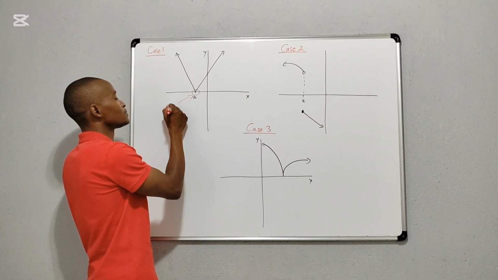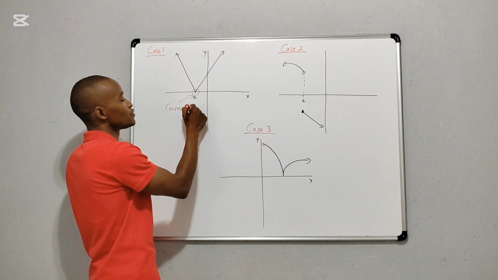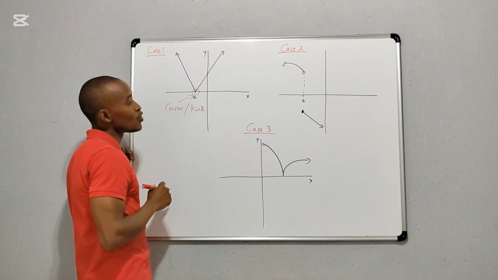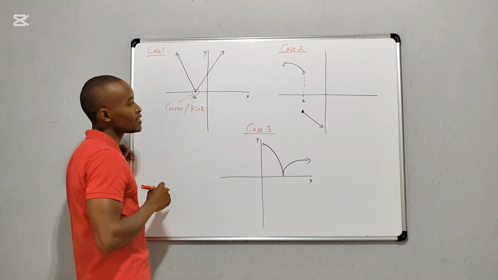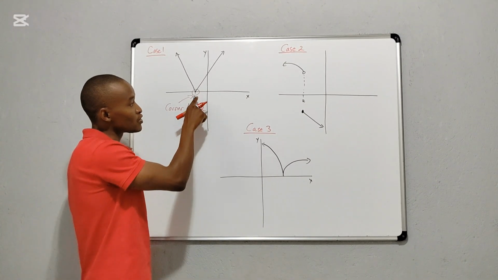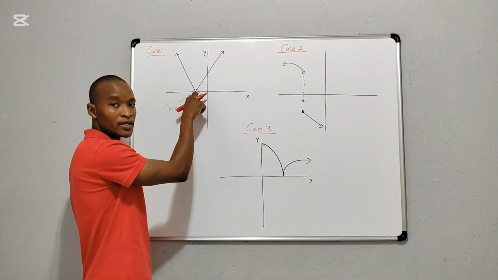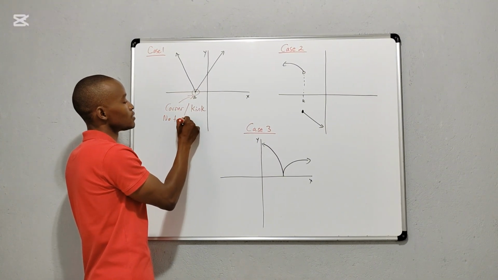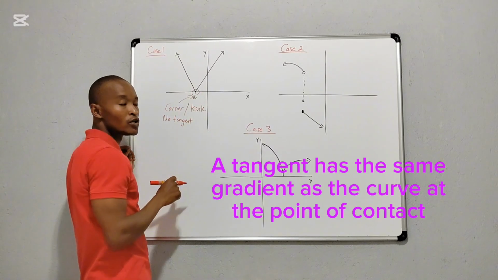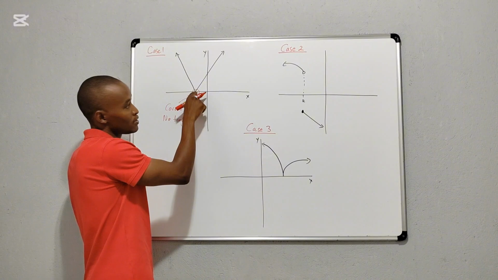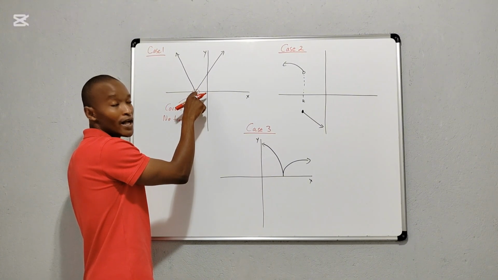This is a corner, or if you like, you can call it a kink, right? So we cannot accurately approximate using a tangent, because this is not a smooth curve at that point. We cannot have a tangent. There's no tangent that we can draw to this point to help us approximate the rate of change at that point.